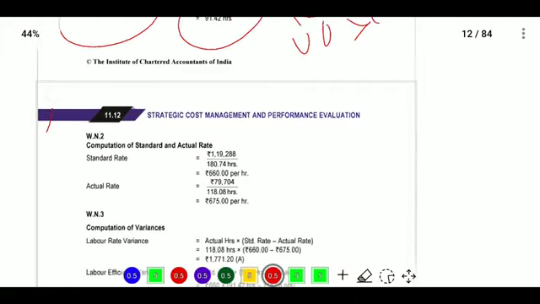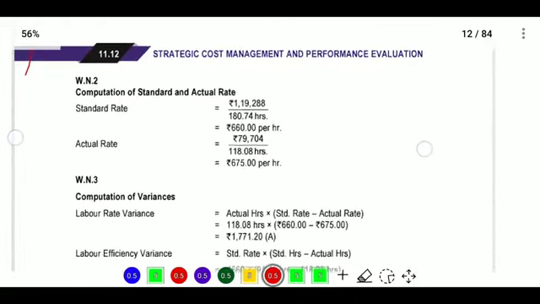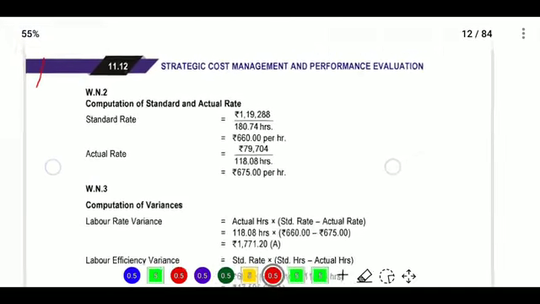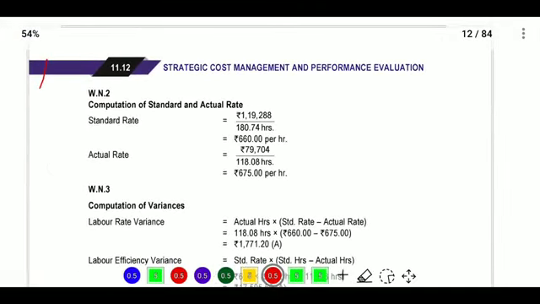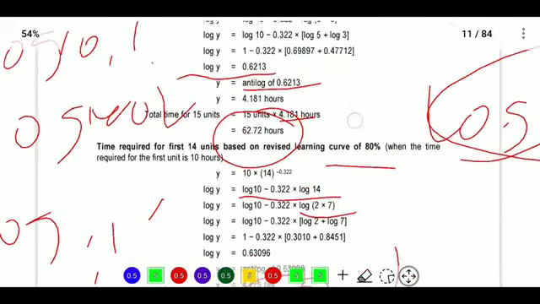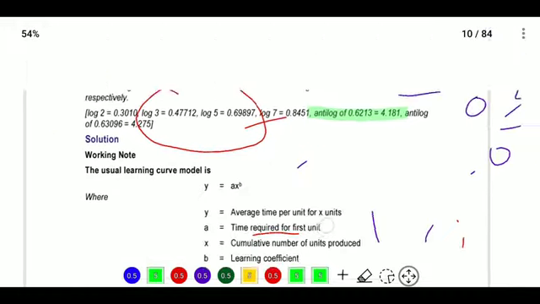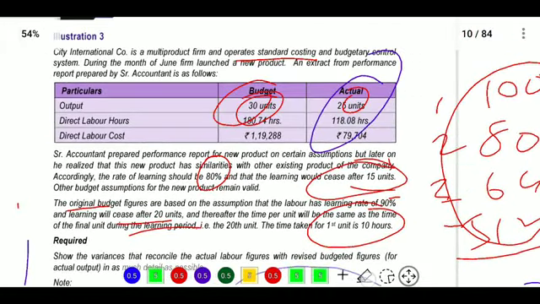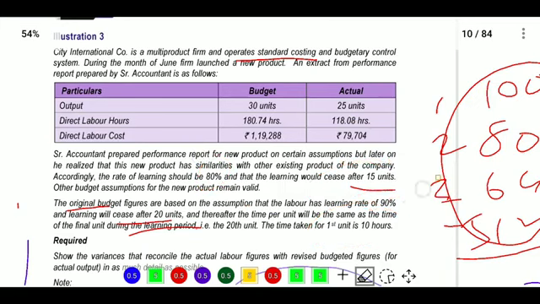And computation of standard and actual rate. What is this standard and actual rate? Standard rate is equal to, here for labor cost we provided that. So here we will see in the question only. Here they provided that.